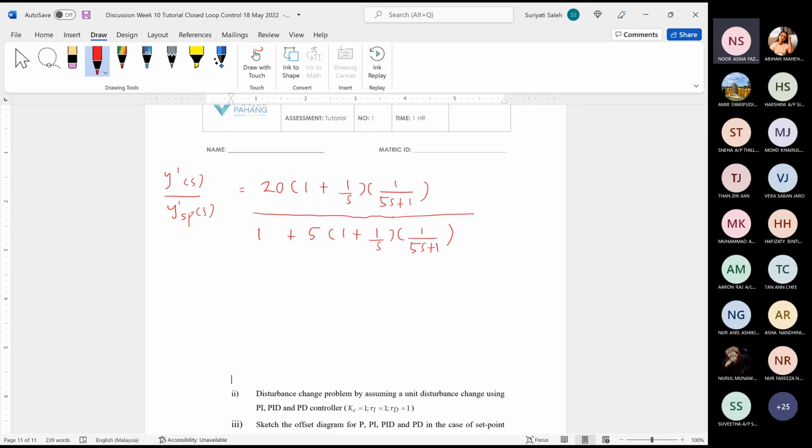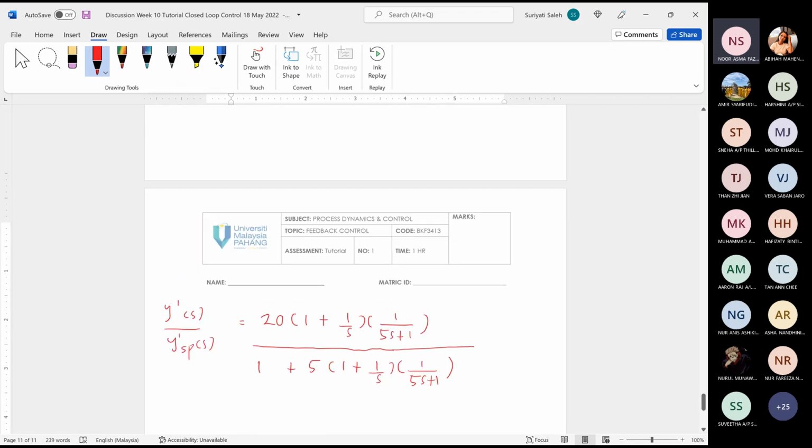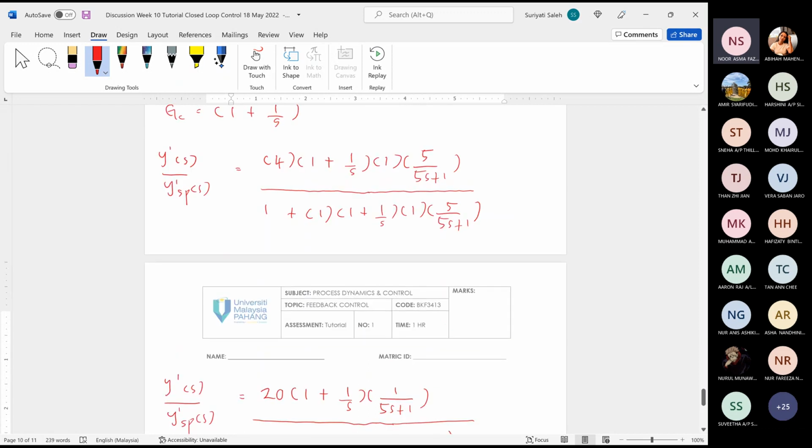Sometimes the most common problem when you try to expand the equation is that the possibility of making a mistake tends to be higher. So I recommend just doing the simple expansion. If you have this kind of equation, you just multiply 4 times 5, 20, then it's okay.